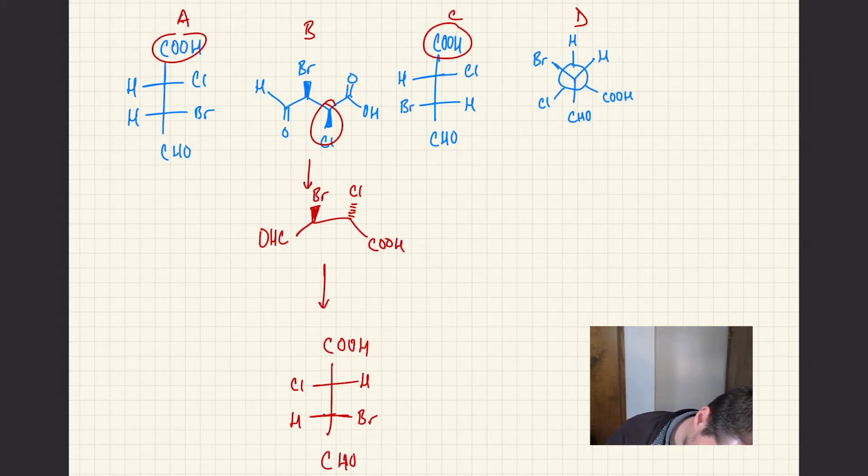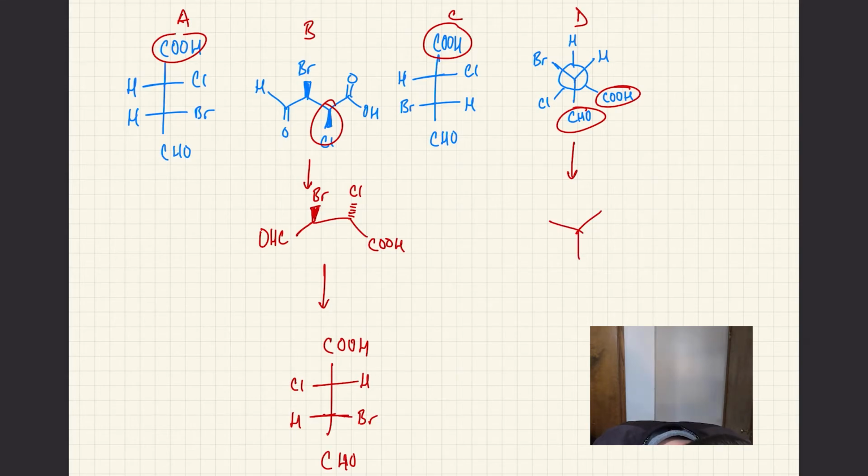Now this one, converting a Newman projection, what I want to do is put both of them at the bottom. They're already very close to the bottom, which is really nice. So I'm going to go ahead and make that conversion.